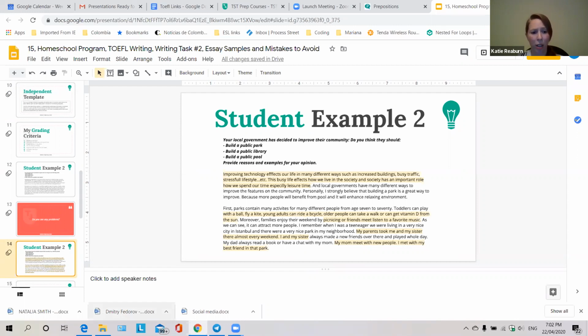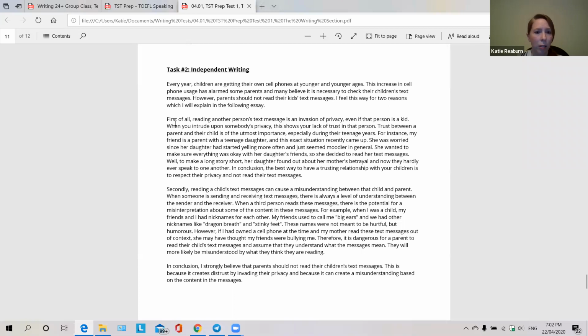So I want to show you now an example because I think this will help you to see. In this essay here, we can see how the template is working. This part here is the reason and 2 further sentences further explaining it. So it says here the reason is about how reading text messages is an invasion of privacy.